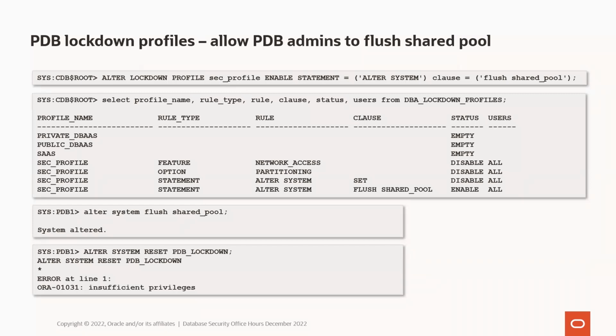Now, when I go back into my pluggable database, I can go ahead and flush the shared pool, but again, I can't break myself out of the PDB lockdown jail that I've applied to this PDB1 database. So again, evil Rich can't be manipulative here and break himself out.